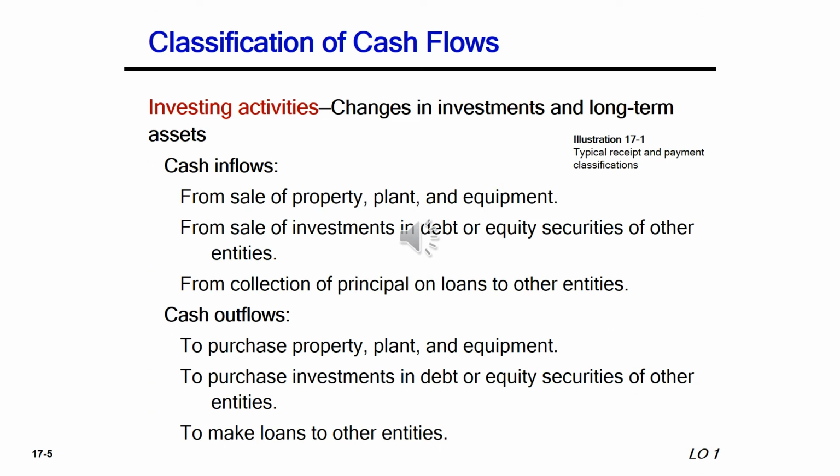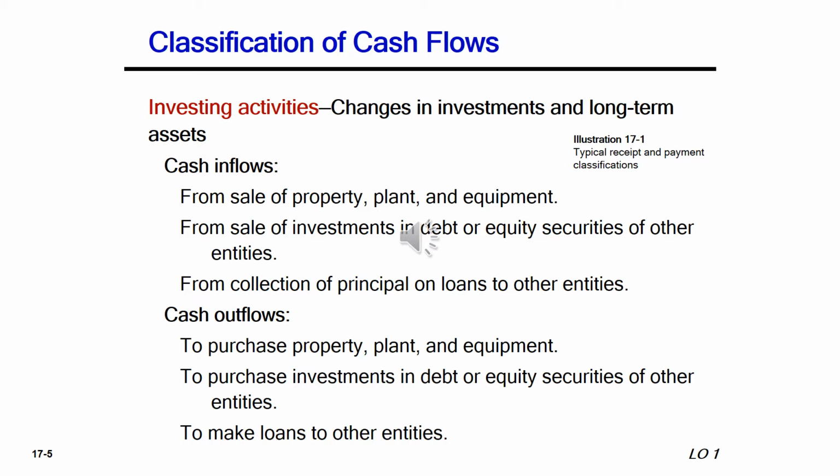The second class, which is the investing activities, as we mentioned, focuses on the changes in investments and long-term assets. On the inflows side, we can see cash inflows from sale of property, plant and equipment, PPE. Remember, we studied those in chapter 10. And from the sale of investments in debt or equity securities of other entities, or from collection of principal on loans to other entities.